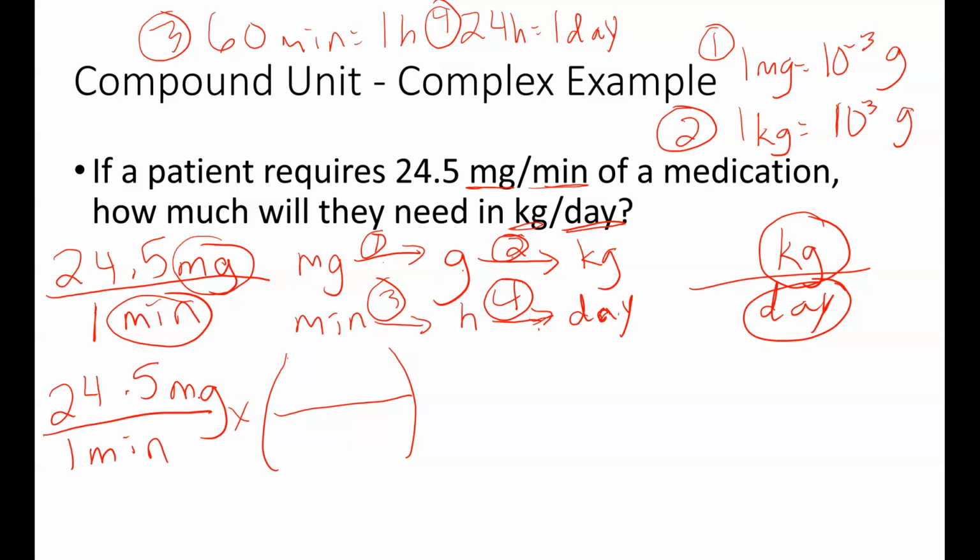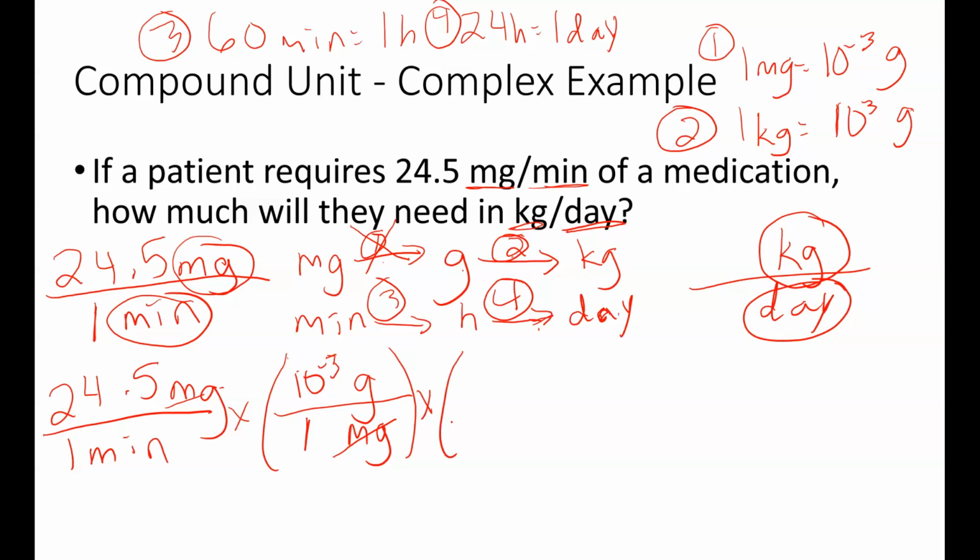So milligrams on the top, milligrams needs to be on the bottom, and my grams needs to be on the top here. Look back at my equivalency. 1 goes with the milligrams, 10 to the negative third with my grams. That's going to get rid of my milligrams and get me to grams. So that'll be my step number 1.